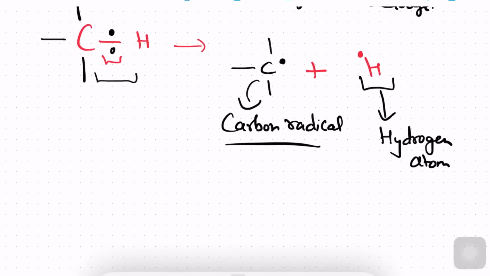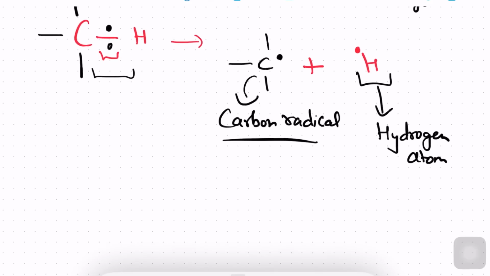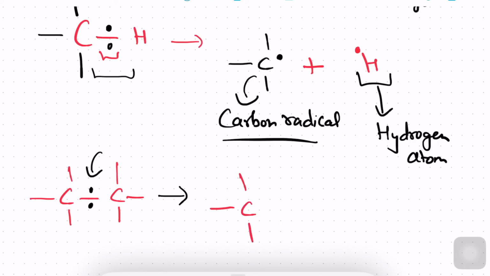Now within the cell, in between biomolecules, you have bonding like this way also. Let's suppose it is carbon-carbon, with sharing of electron, and now let us suppose there is homolytic cleavage. We are discussing homolytic cleavage. In this situation you are going to see the formation of a carbon radical and another carbon radical.